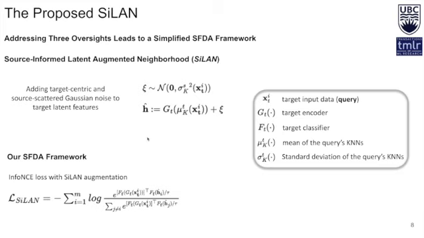Therefore, the InfoNCE loss with our source-informed latent augmented neighborhood can be defined as follows: we use the prediction from the augmented neighborhood as the positive key, and the augmented neighborhoods of the other samples within the same mini-batch serve as negative keys.